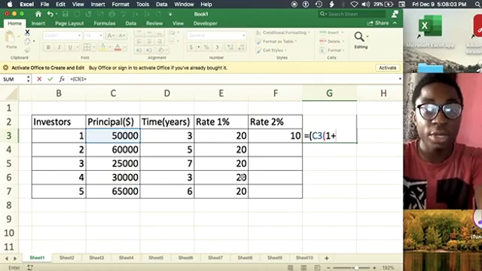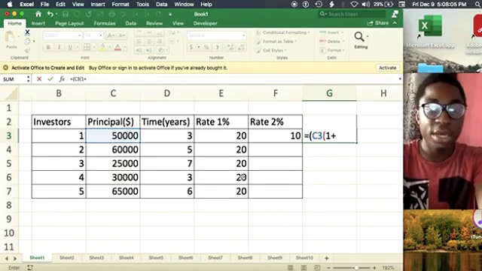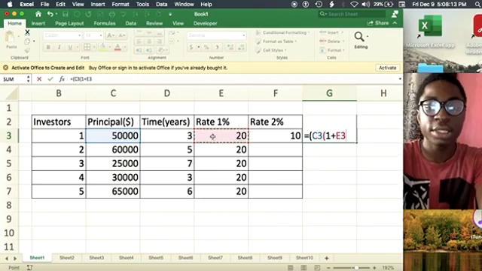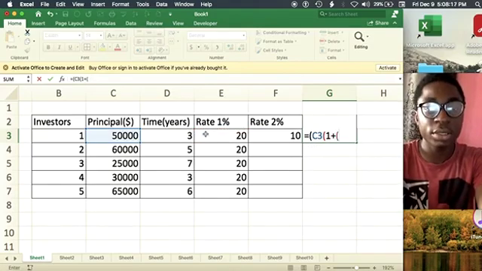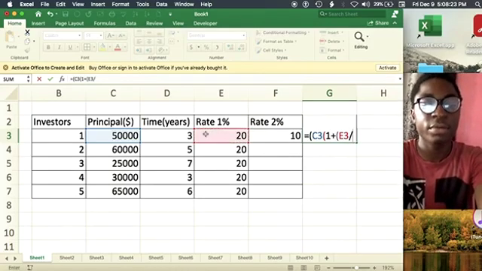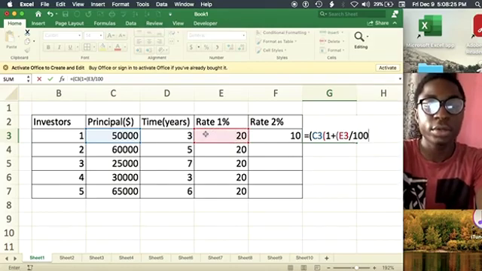So that is the compound interest amount formula. So 1 plus rate over 100. So let's call this E2. Let's also put that in a bracket. E2, E3 over. So this will be our divide. We need to divide by 100. So close the bracket for that.